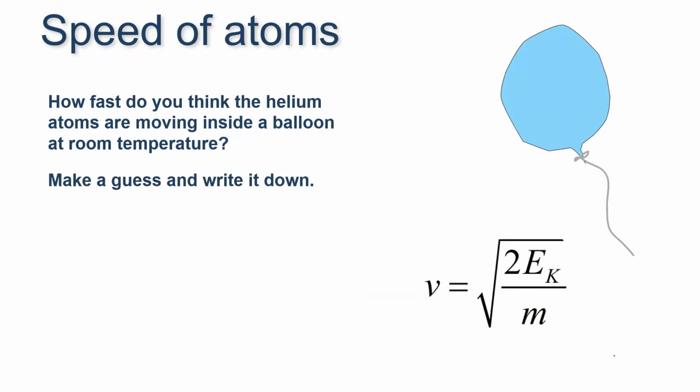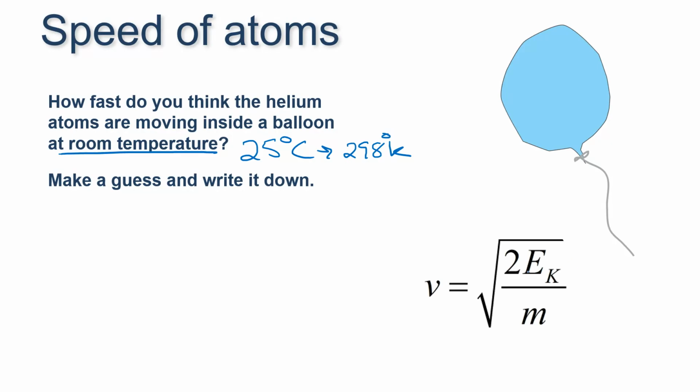Okay. So now the next question is, how fast do you think helium atoms are moving inside of a balloon at room temperature? Well, I did this problem first hour, and I said room temperature was 20 degrees, and then the numbers didn't match up, and I was like, oh, yeah, they said that 25 degrees Celsius, which is 298 degrees Kelvin, is the room temperature. All right, so there's 2 things.